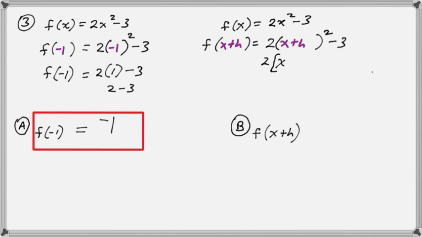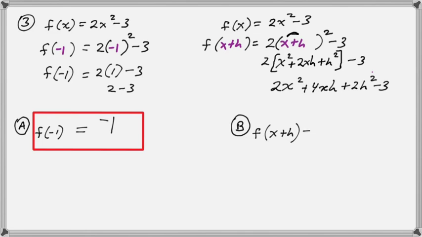You square the first, square the last, so that's h squared, and then twice the product in the middle. If you multiply these, you get xh. Twice it or double it is 2xh. So you're going to get your answer to be 2x squared plus 4xh plus 2h squared minus 3. And that's what this answer will be.